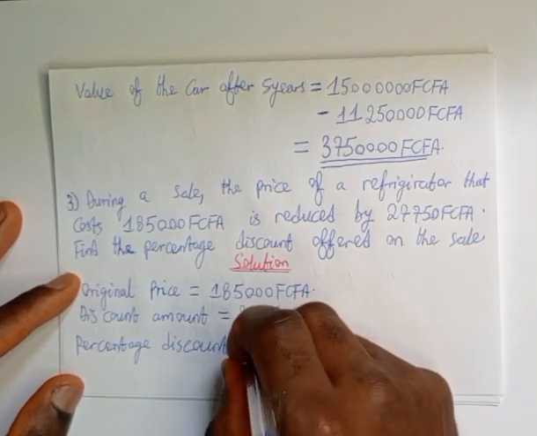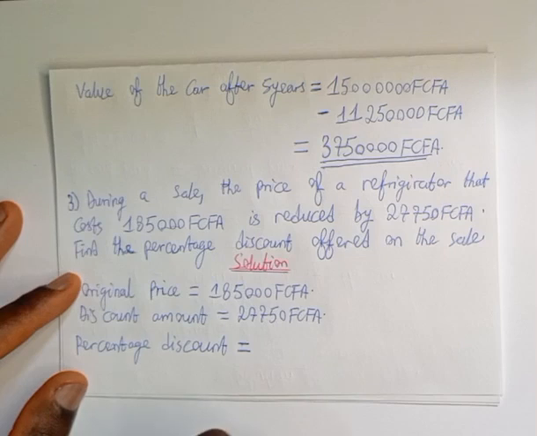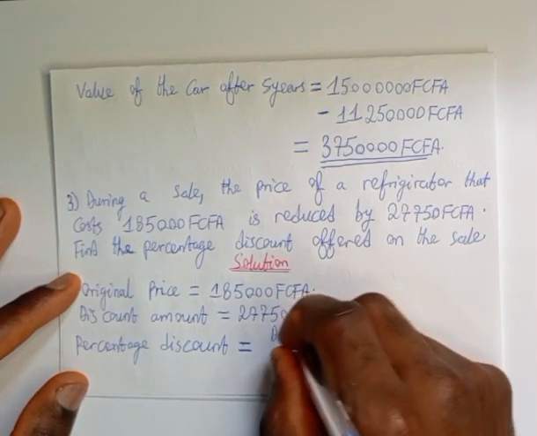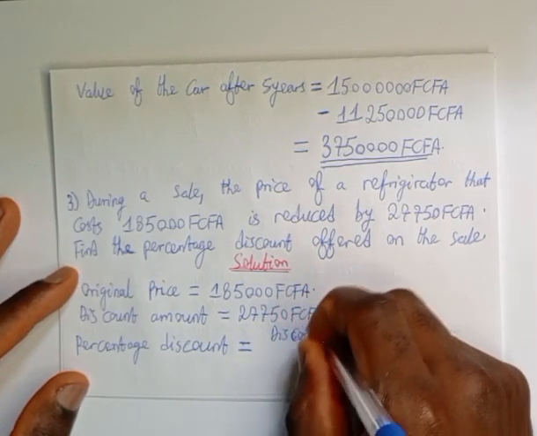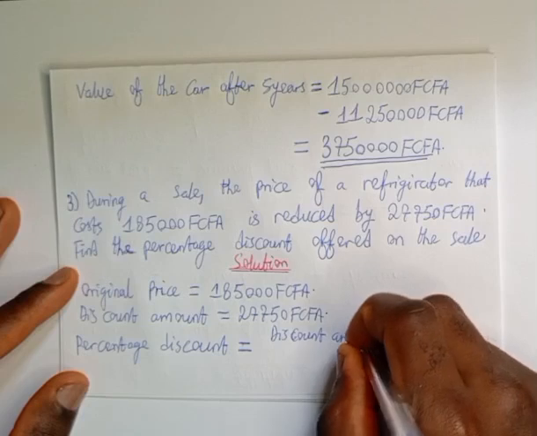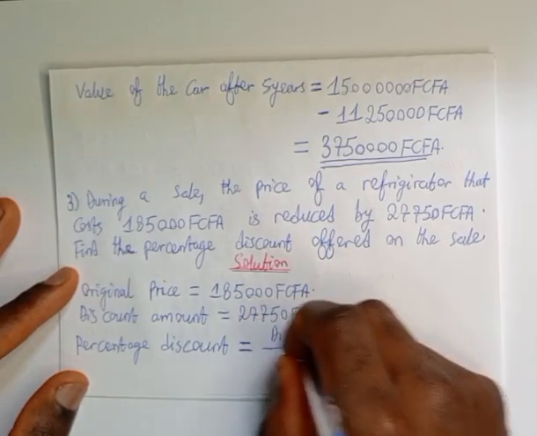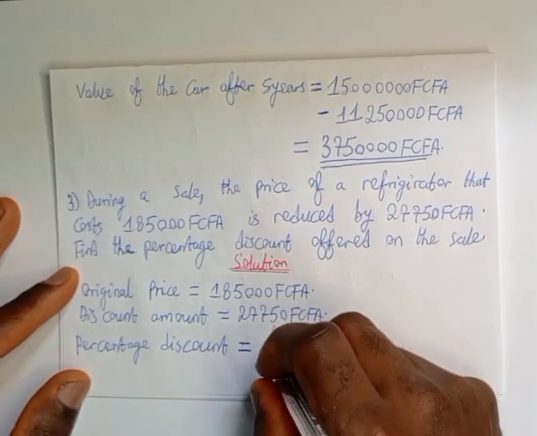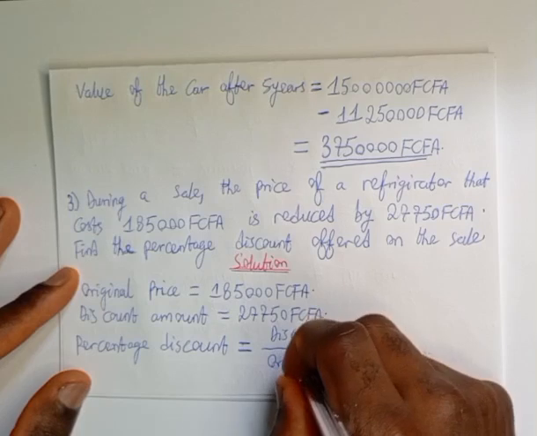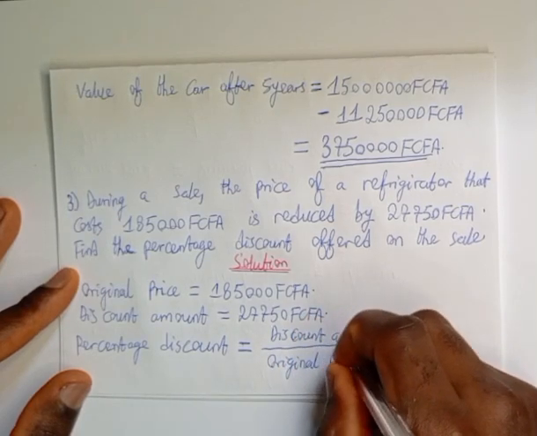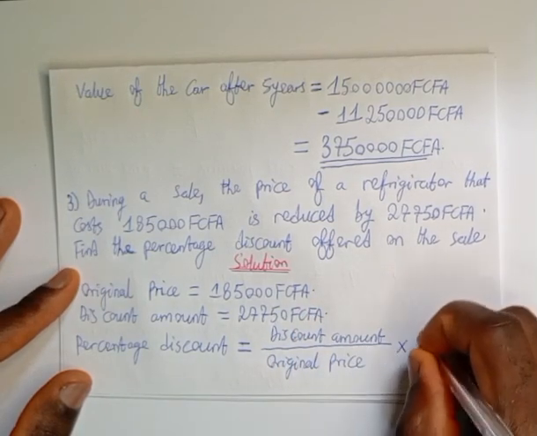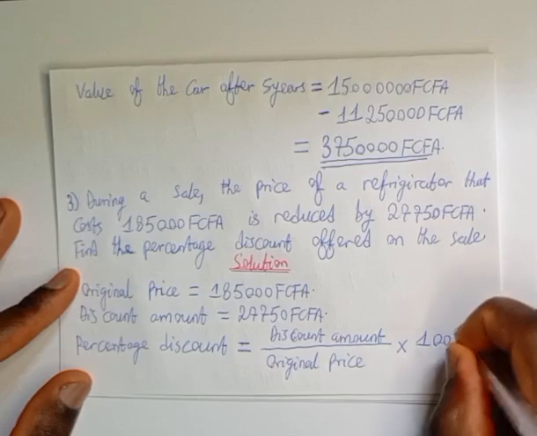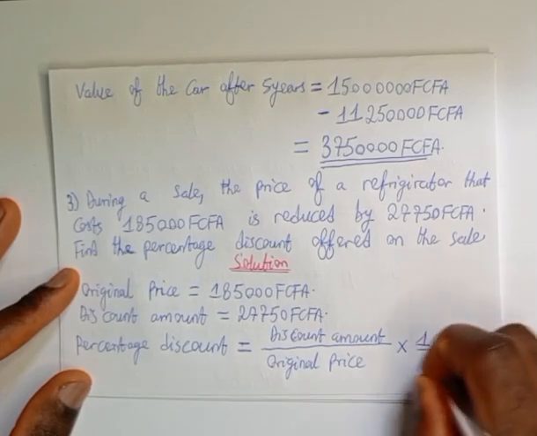Percentage discount is equal to, we are going to divide the discount amount by the original price, then we multiply by 100% over 1.